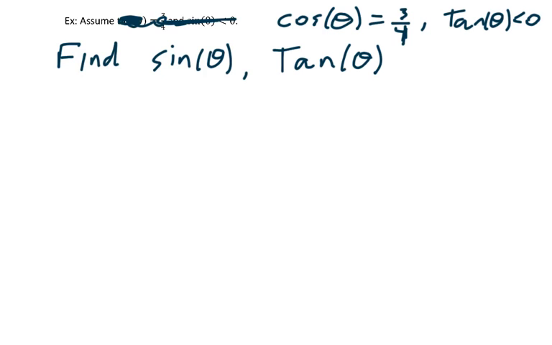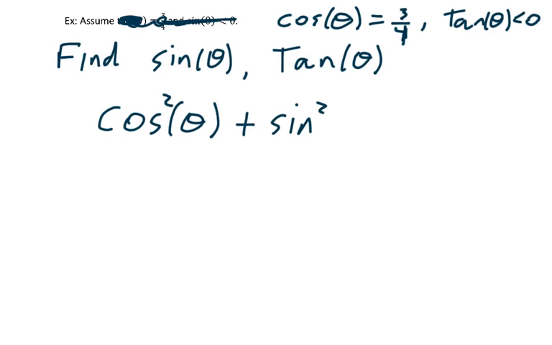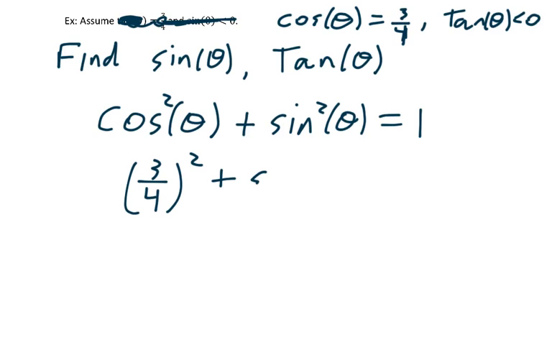notice that cosine squared of theta plus sine squared of theta is going to be 1. That's one of our identities. So plugging in, we get cosine squared, which is (3 over 4) squared, plus sine squared of theta, and that's going to be 1. So what's (3 over 4) squared?